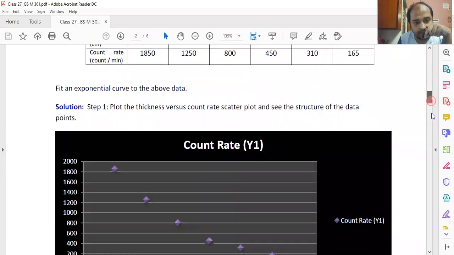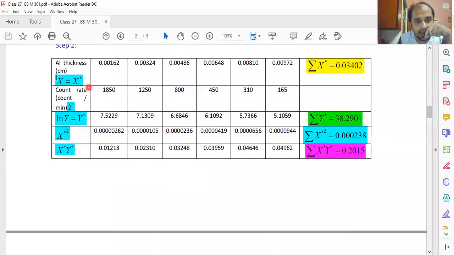Keeping this in mind, I have prepared this table where x star is capital X, and the values of x, or x star, are given. We need summation x star according to the normal equation, so I have calculated it. The y's are given, but this part is blank because summation y is not present in the normal equation.